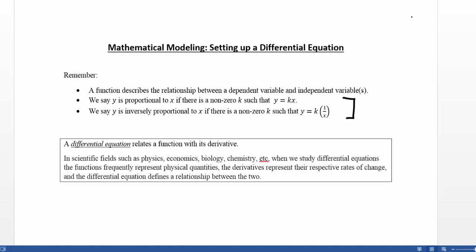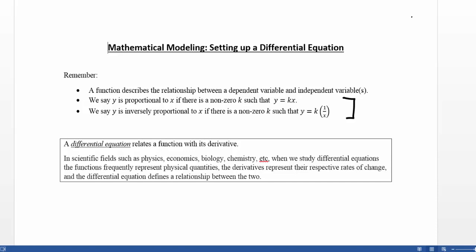When we talk about the relationship between two variables, we say y is proportional to x if there's a non-zero k such that y equals kx. So what that means is that the relationship between the independent and dependent variable here are related by this factor of k, which is a constant and it's not zero. An example of this is your pay.